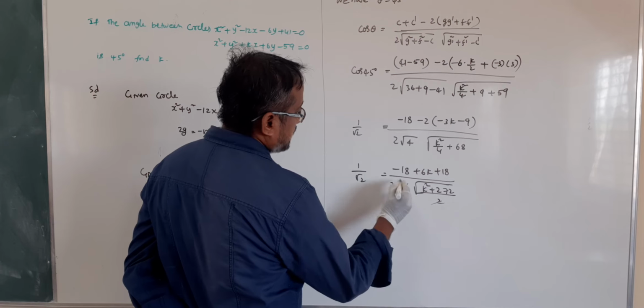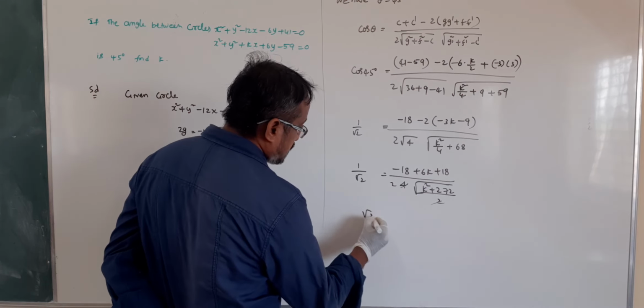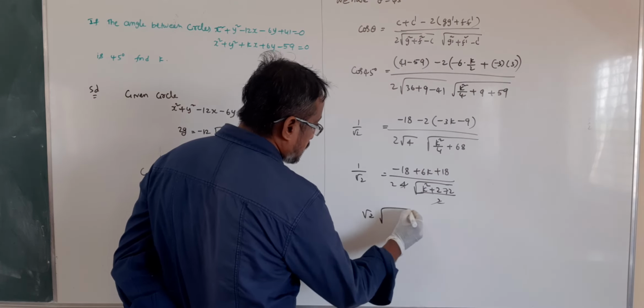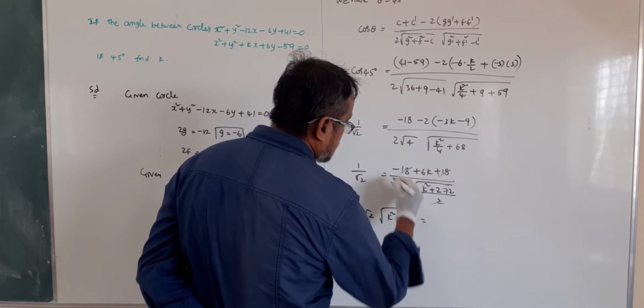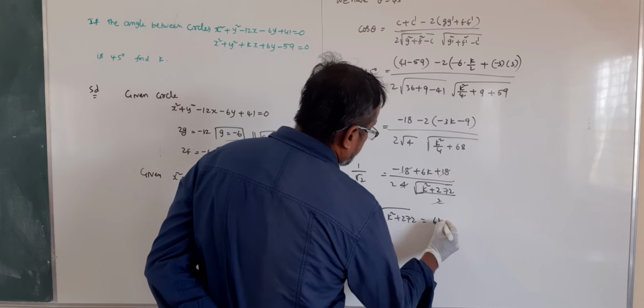So 2 will be cancelled. You will get root 2 into root of k square plus 272 is equal to 6k.